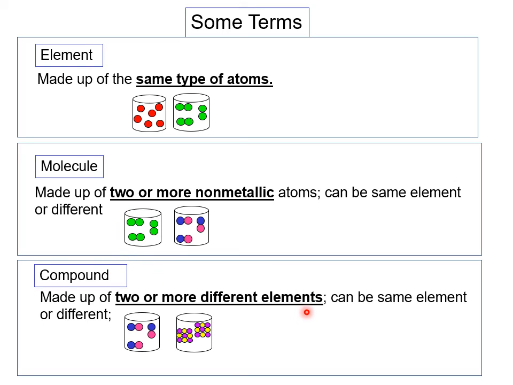But compounds can be made up of the same element or different elements, and compounds can actually have metal in them, so be made up of metals and nonmetals or just non-metallic elements. It doesn't matter. They're not like molecules where it has to be specifically non-metallic.